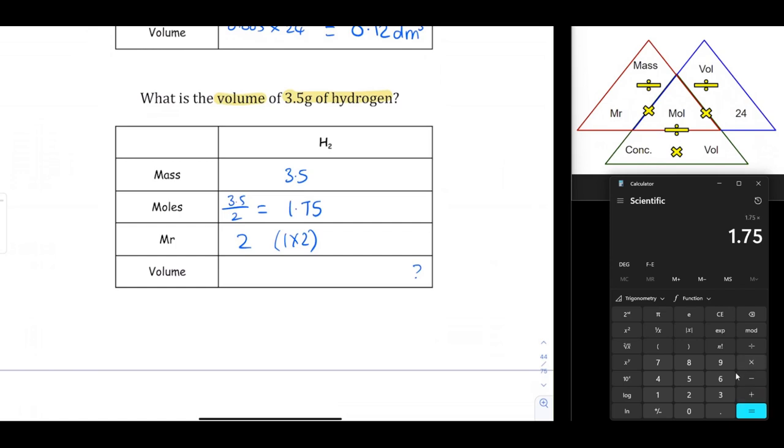All I need to do is times that by 24, so 1.75 times by 24 gives me 42 decimeters cubed.